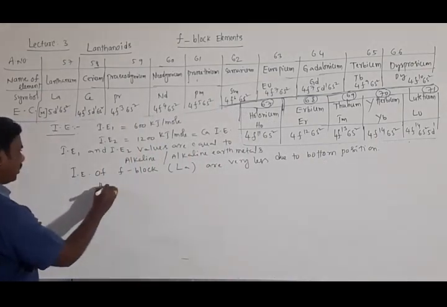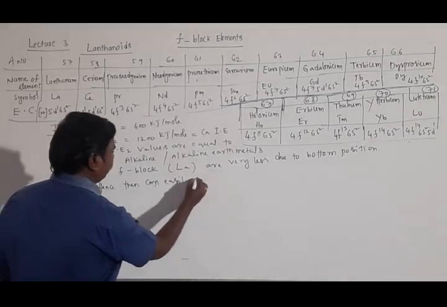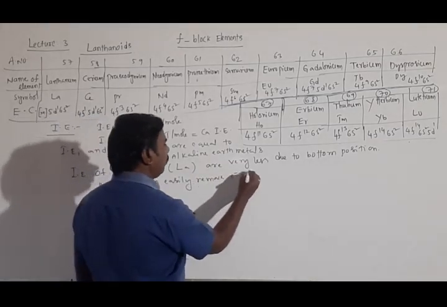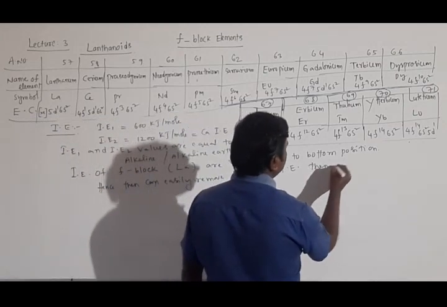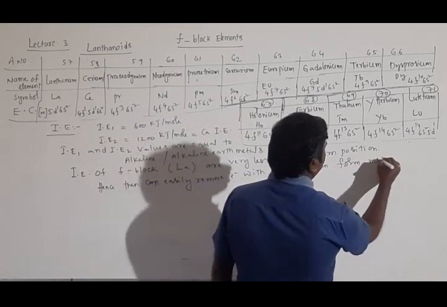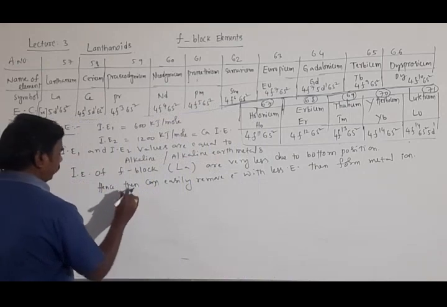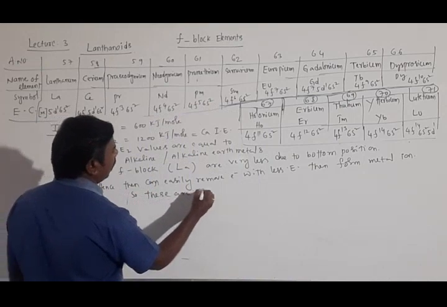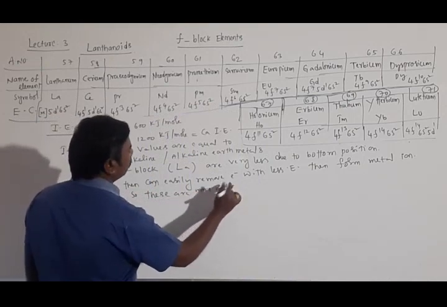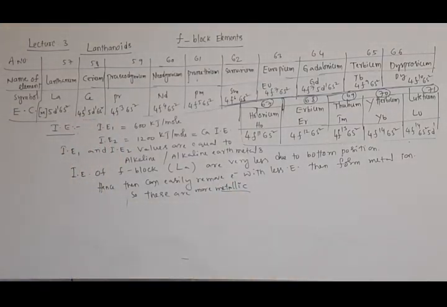Hence they can easily remove electrons with less energy, then form metal ions. Hence, these are more metallic. Getting all of you? Because of less ionization enthalpy values, they show more metallic nature, right?